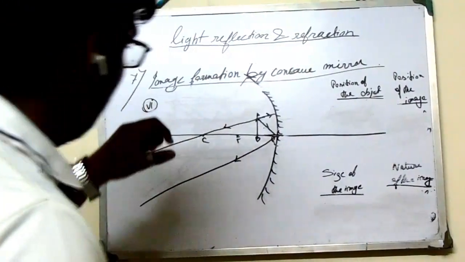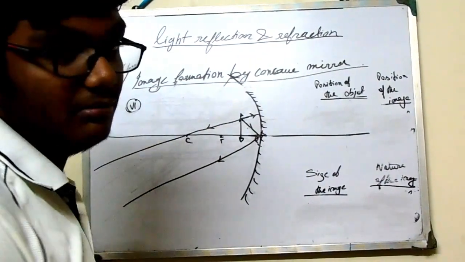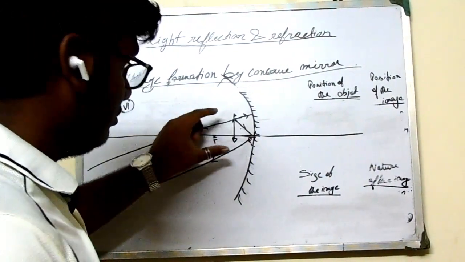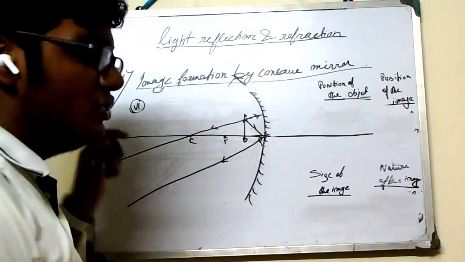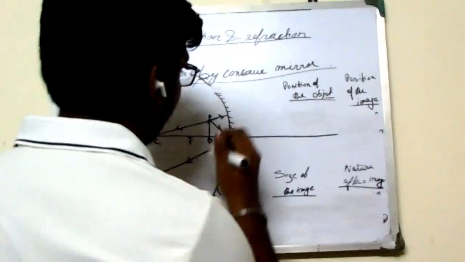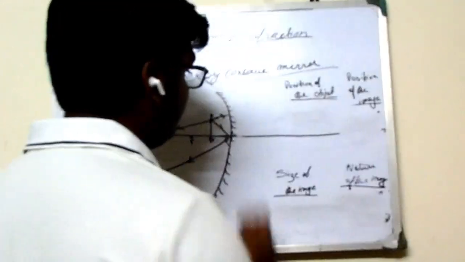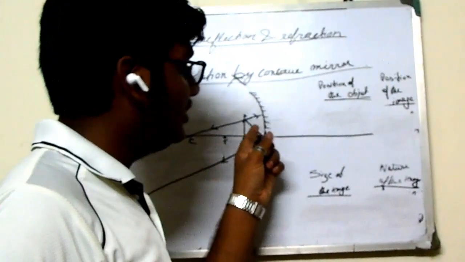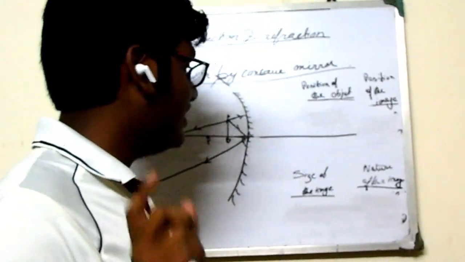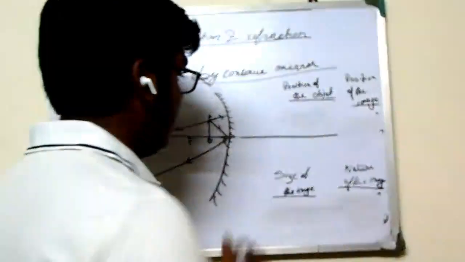As we are seeing, the rays are going far away from each other, so there is no chance of these two rays meeting. So what we will do is continue them, and as I have told, the continuation part will be a dotted part.